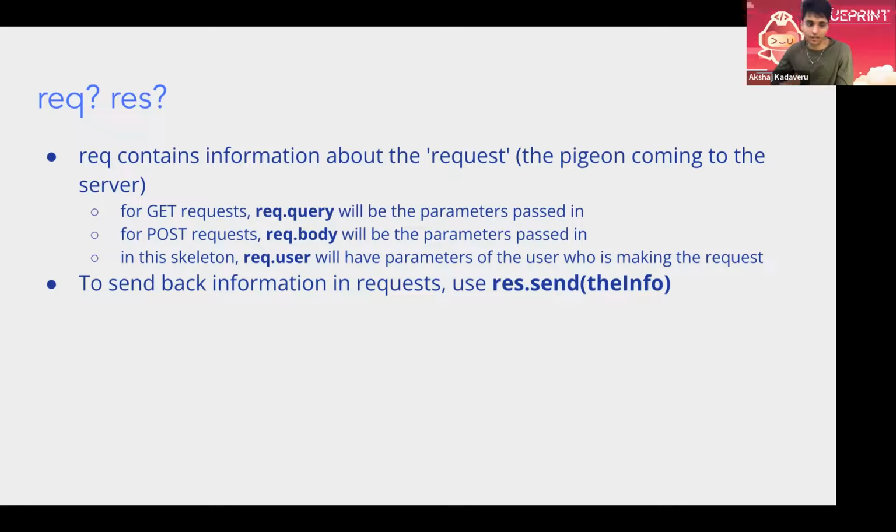And in the skeleton that we're going to provide to you, req.user will also have parameters of the user who's making the request. For example, you'll know it's Alice sending over the pigeon, or you'll know it's Bob sending over the pigeon. And if you want to send back information, you can use res.send, and that's how you send pigeons back. And the info can be an object, it can be a string, it can be whatever you want.